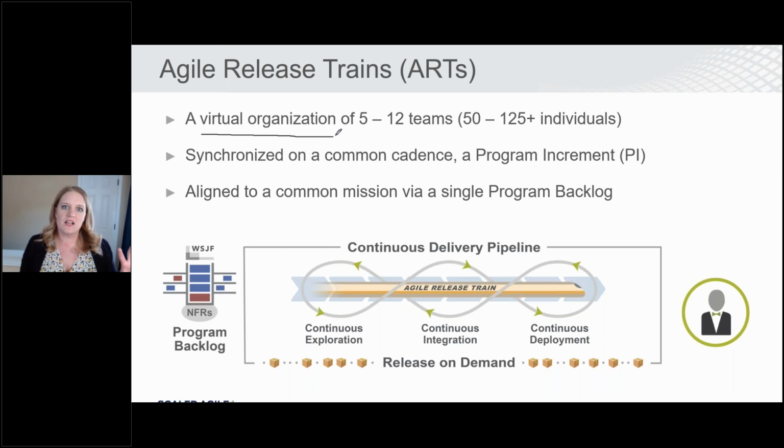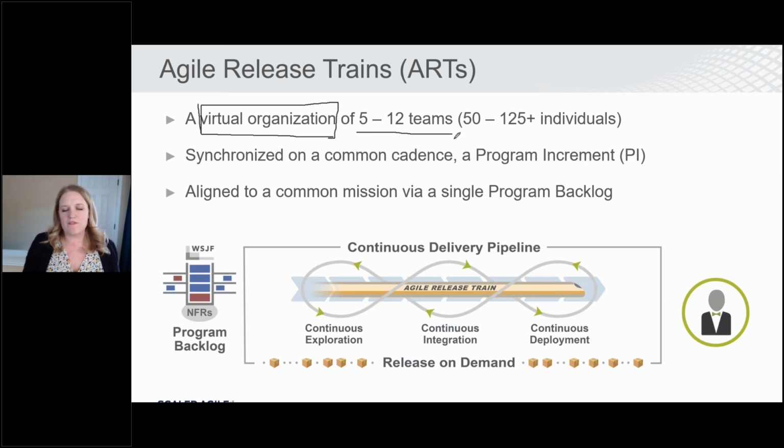We aren't necessarily reporting up in this virtual organization. This is quite simply a team of agile teams working on a common goal. And we structure our teams this way to foster communication, facilitate flow, and effectively build our larger solutions.